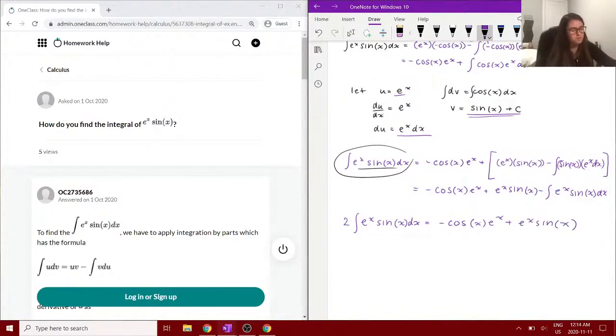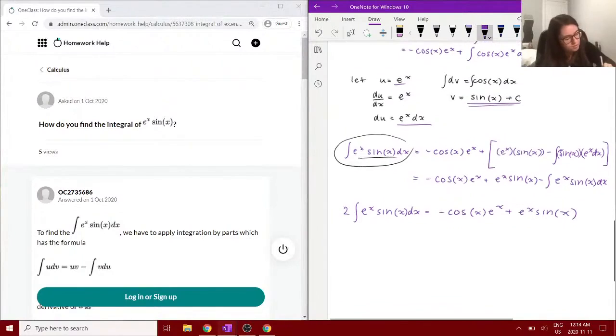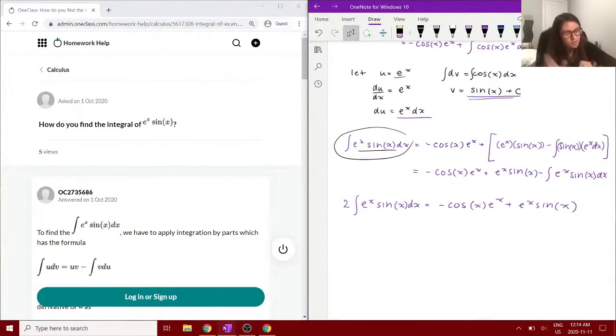And there we go. So as you can see, on the left-hand side, we have the integral that we are trying to figure out. And on the right-hand side, we don't have any more integrals. So it's a solution, right? So let's divide both sides by 2. The whole thing there is divided by 2.